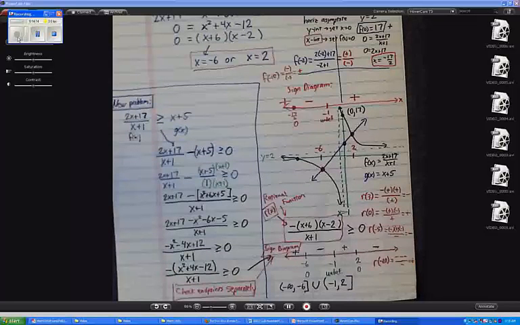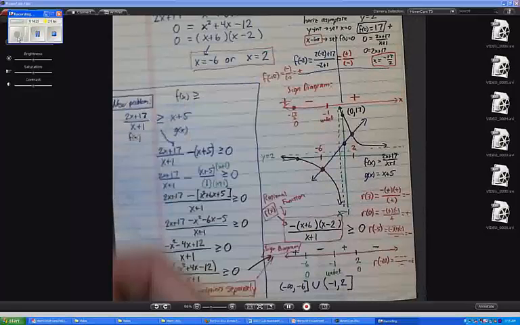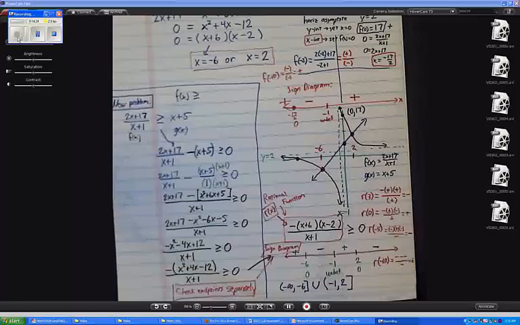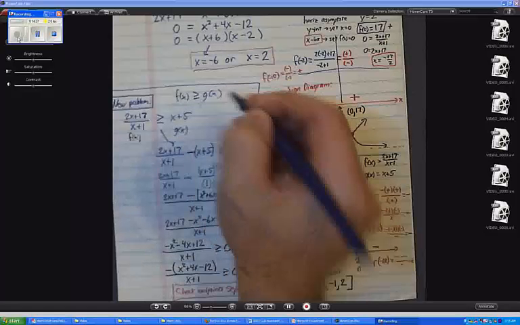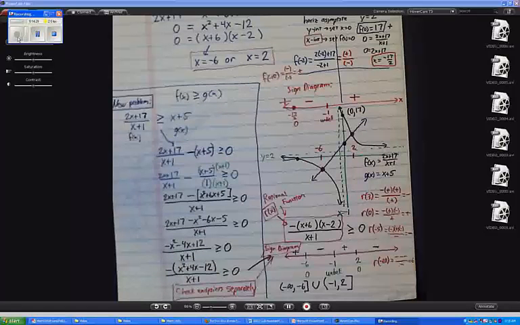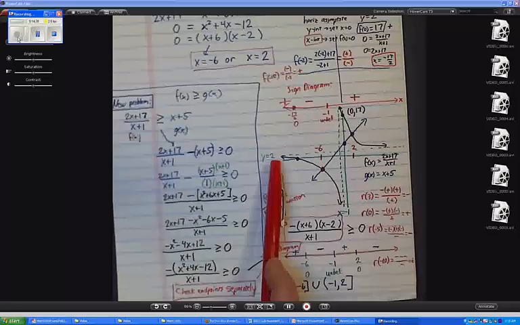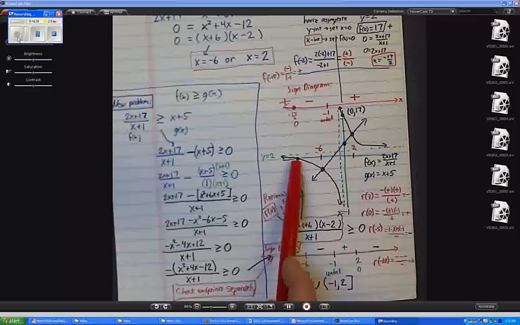But if we look at the picture, this problem is asking, where is f of x bigger than or equal to g of x? In other words, it's asking, where is the black above the blue? Well, you can see on the picture that when I go from negative infinity to negative 6, the black is above the blue.